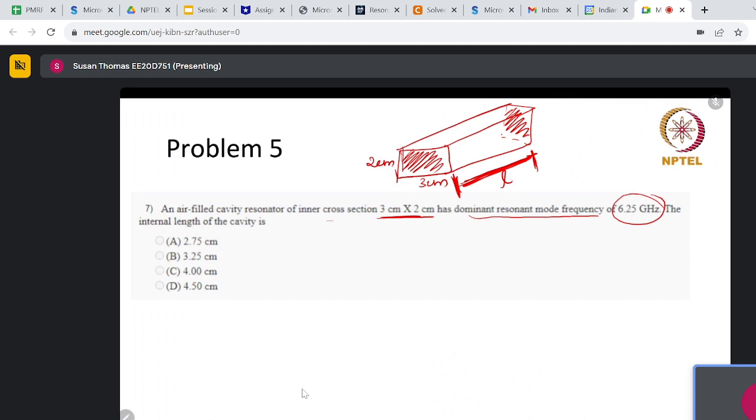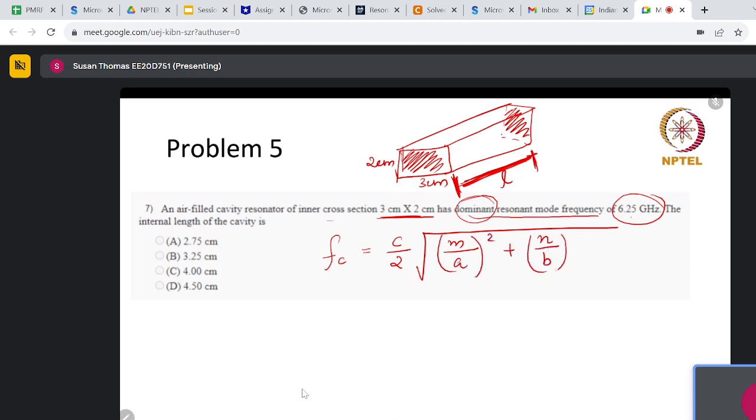Okay. You are given the dominant resonant mode. So now the question is, how do we write the expression for resonant frequency, and also which is the dominant mode? In case of a cavity resonator, I hope you might have come across this equation: c by 2 into square root of (m by a)^2 plus (n by b)^2 plus (l by d)^2.